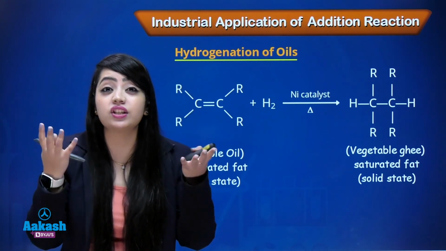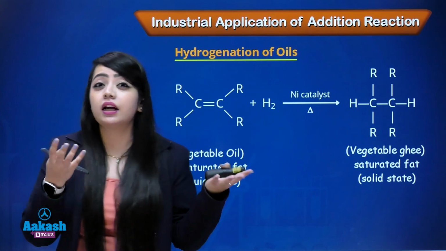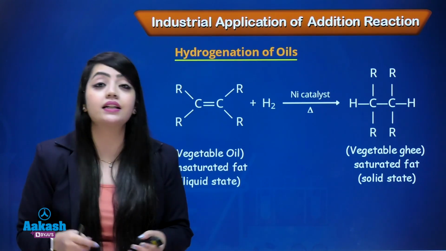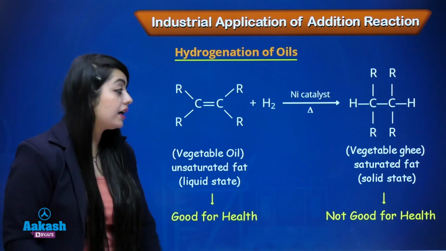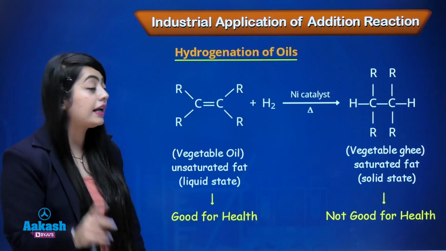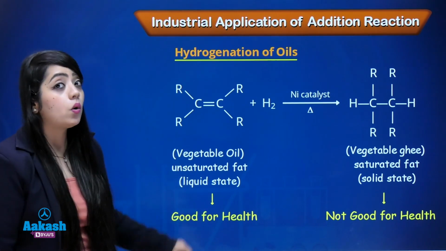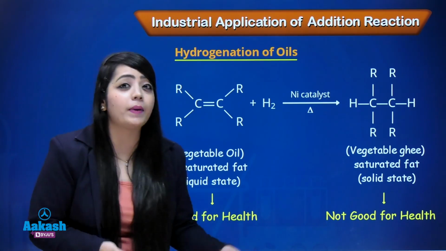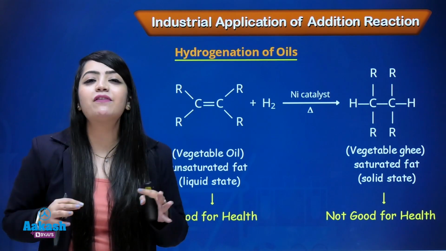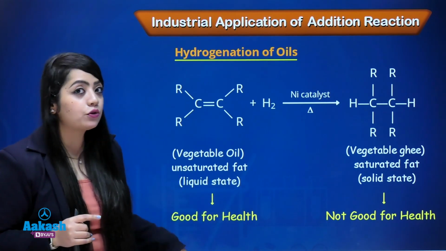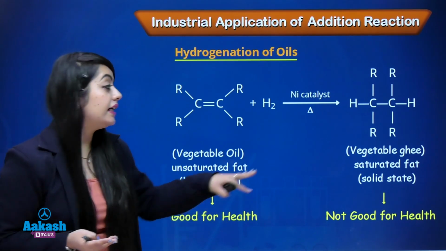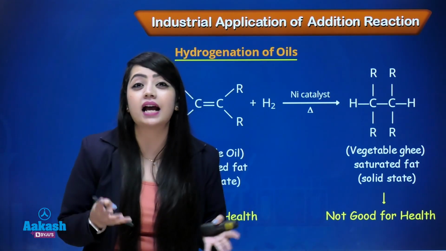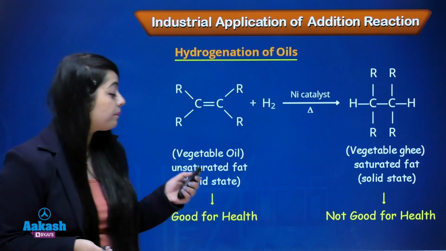That dalda is cheaper, that is very cheap. So that dalda or vanaspati, that is saturated fat, students, that is not good for our health, right? Yes, you heard it right. जो भी vegetable oils होते हैं, they are comparatively better for our health, right? So if I have to choose one out of these two, what will I do, students? I would choose vegetable oil instead of vegetable ghee, which is a saturated fat, students, right students?